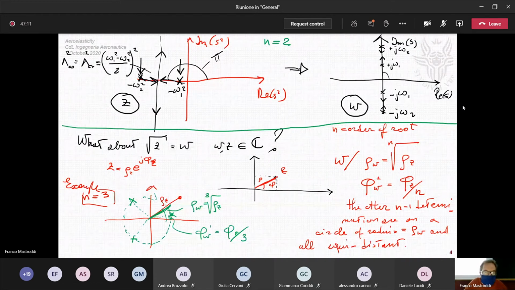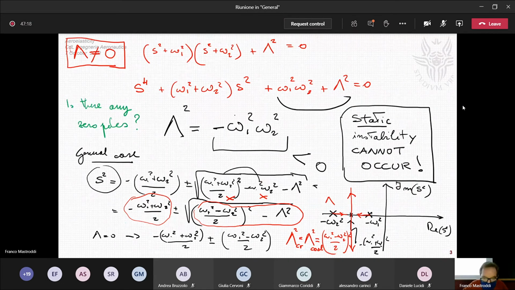At the end of this, when you are here in this collision point, what happens? In the collision point, the imaginary part here is cancelling, and this argument of the root becomes negative. So after an epsilon value of lambda further with respect to the critical value, this root becomes imaginary, plus an imaginary part, minus an imaginary part.